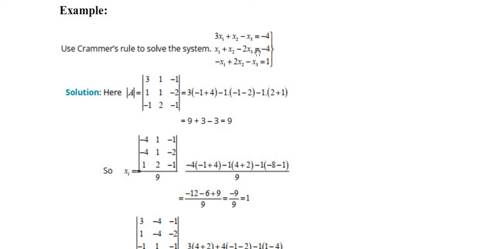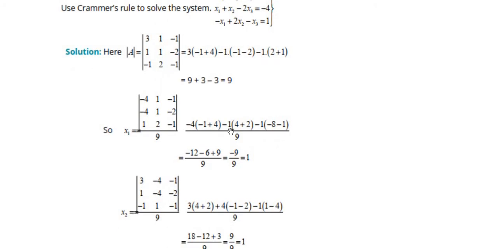Here, first of all, we will find the determinant of matrix A, which we first convert into an augmented matrix, where matrix A will be equal to 3, 1, minus 1, 1, 1, minus 2, minus 1, 2 and minus 1, and we find the determinant of matrix A, which is equal to 9, and this is not equal to 0, so we can find the value of x1, x2 and x3.